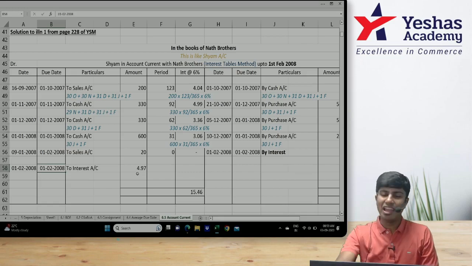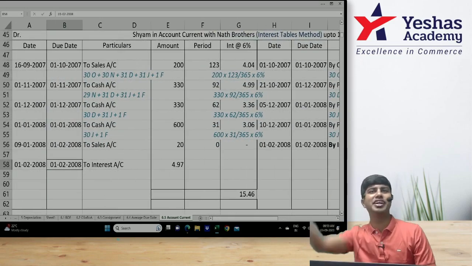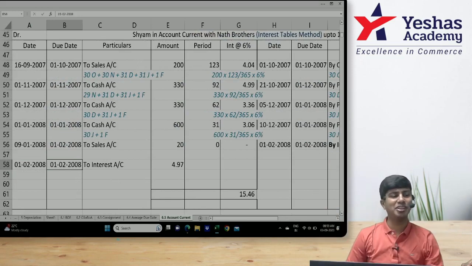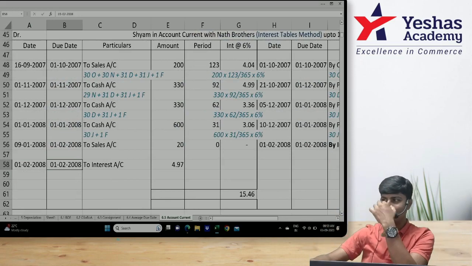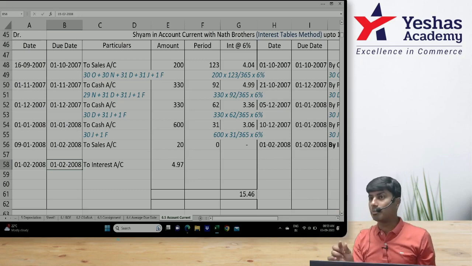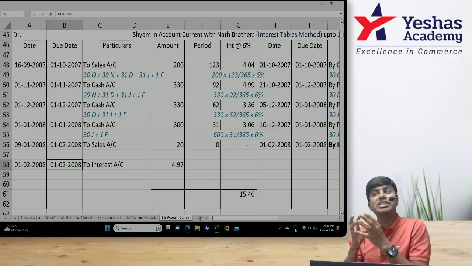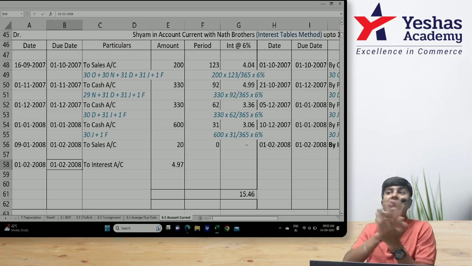Did you get it? If you want to remember in simple terms, if you get the balancing figure on this side, you put it on that side's amount column. But did you get the logic? Why is it so? The interest column represents the interest account, and we are transferring the balance from the interest account to Sham's account.